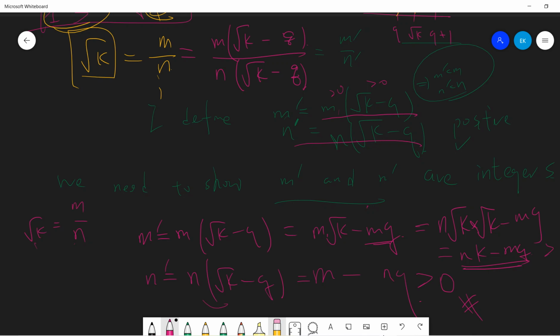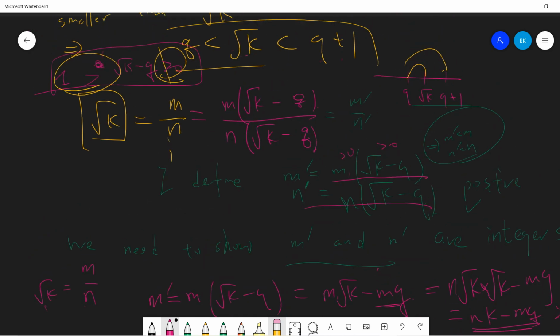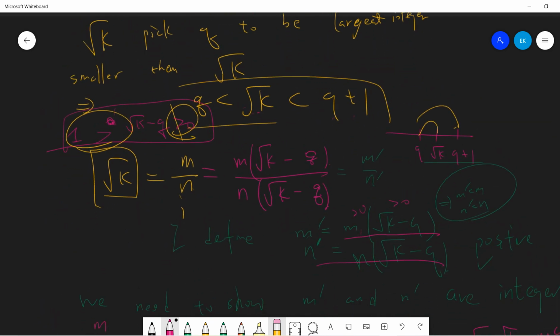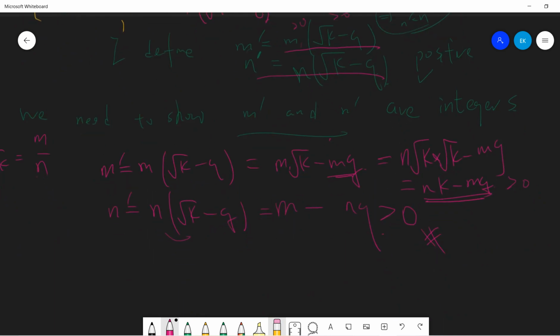Because m is an integer and nq is an integer, their difference must be an integer, and I already proved it's positive, so it must be a positive integer. So now we have created m prime and n prime, which are both positive integers, and m prime less than m and n prime less than n. So by the argument of infinite descent, the square root of k must be irrational. Okay, I just go quick because I think now you guys know the trick.